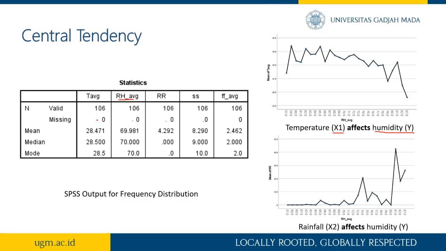So in this part we got the mean for the average, for example, the average temperature, 28,471. For the median we got a different value related to the section, as I explained before about the data that we have.